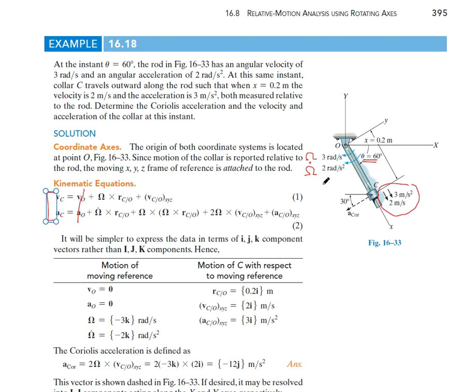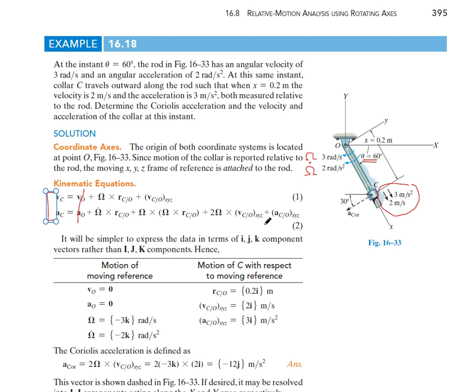O is a fixed point. And then, of course, the velocity of C with respect to O is the one that's given, 2 meters per second, and has only a lowercase i component.